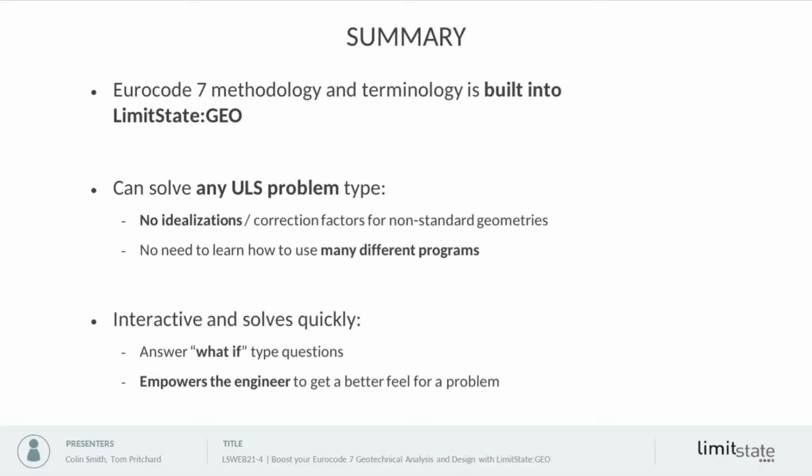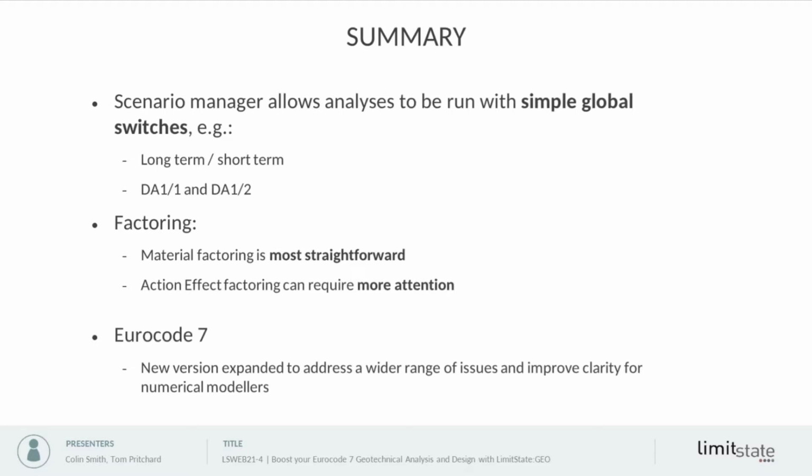Just quickly run through the summary. Hopefully you've seen Eurocode 7 methodologies built into the software. You can solve any ultimate limit state problem type. Very interactive. We can use the scenario manager to switch between different partial factor sets, and you can also use it, I didn't illustrate it, to switch between long-term and short-term analysis.